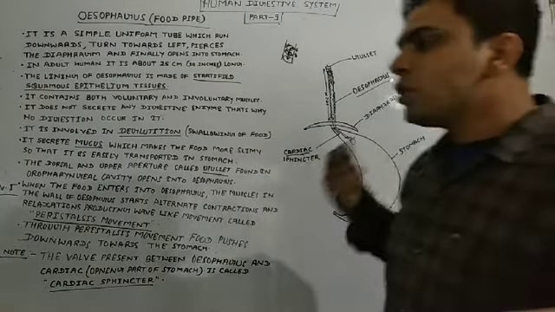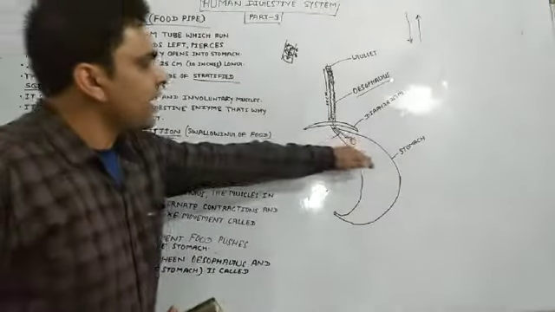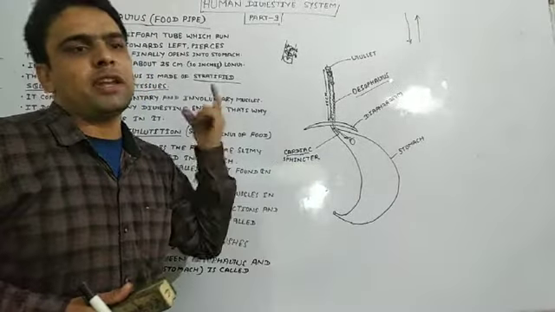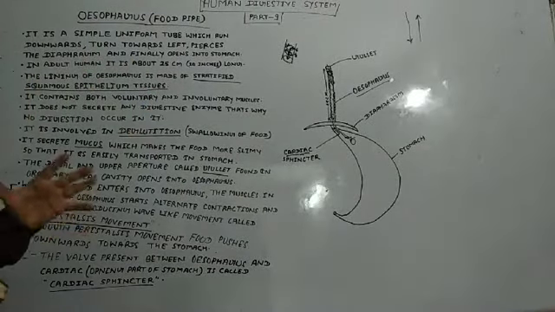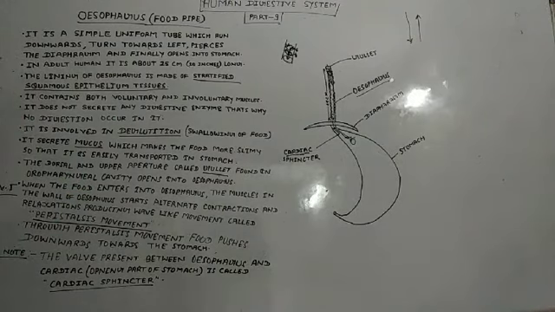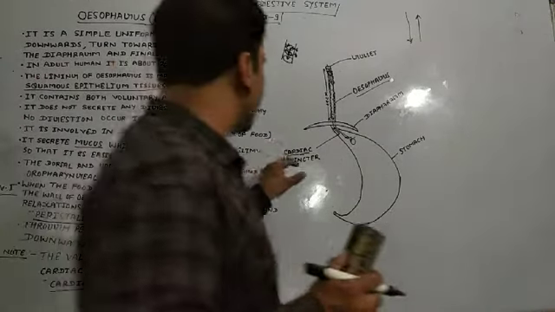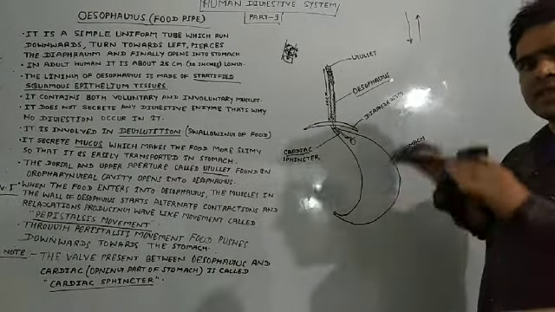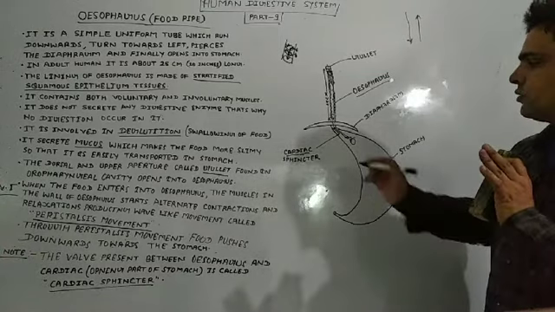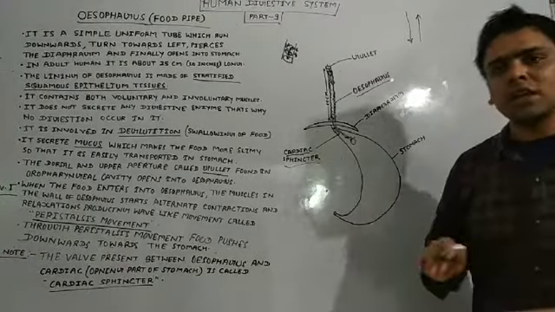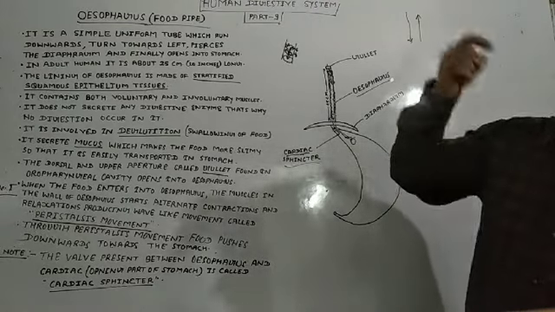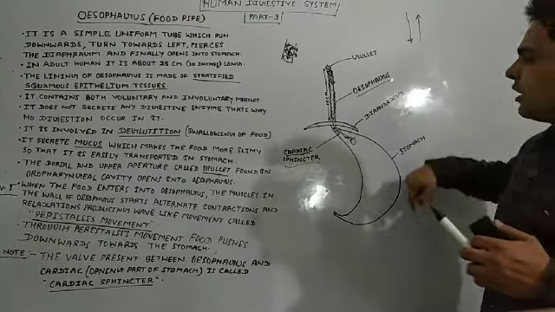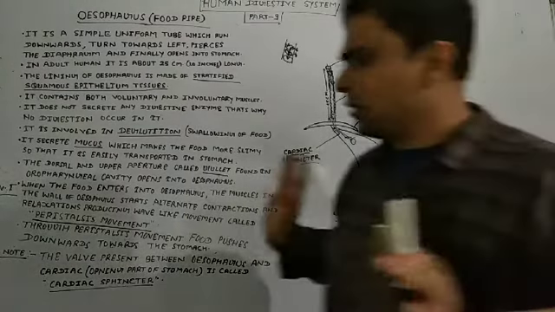So food cannot move in the backward direction due to this sphincter. It plays a very important role in our alimentary canal. Sphincters are present everywhere in it, and they play this role. Clear, students? So always remember the role of a sphincter: it allows the forward movement of food, but not the backward movement of food.